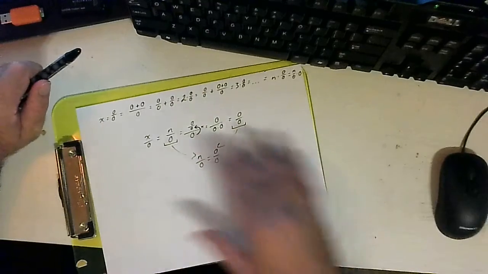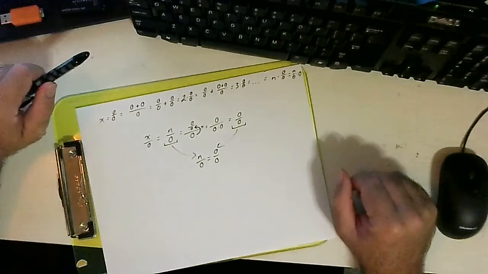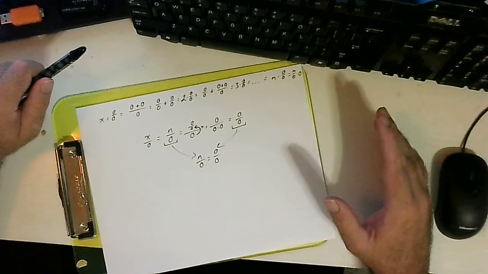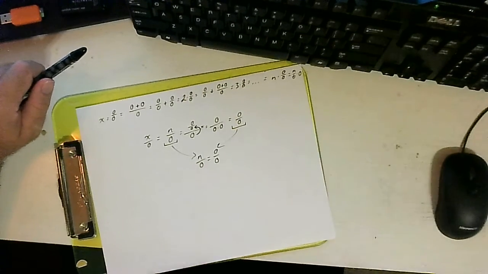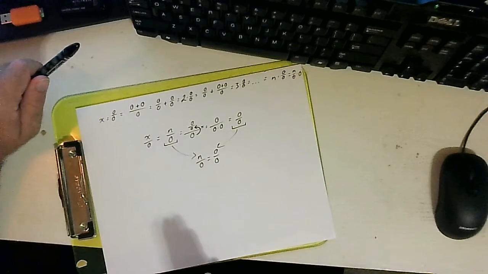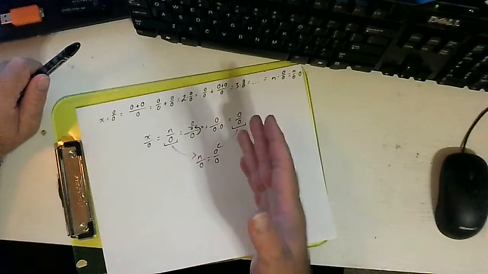And what division by 0 is doing is describing the fact that we have now shifted our operations into a dimension that we cannot access, right?